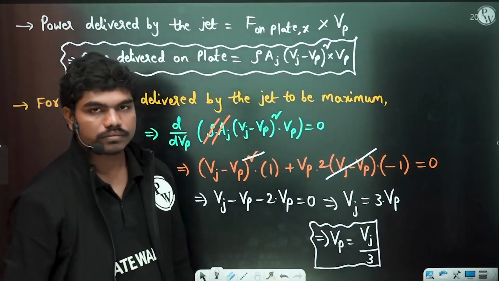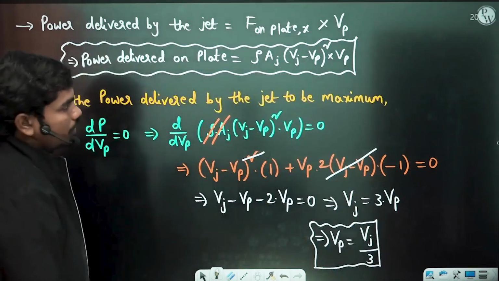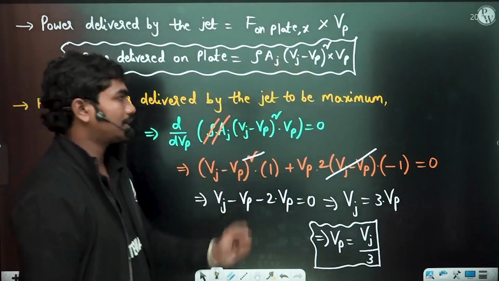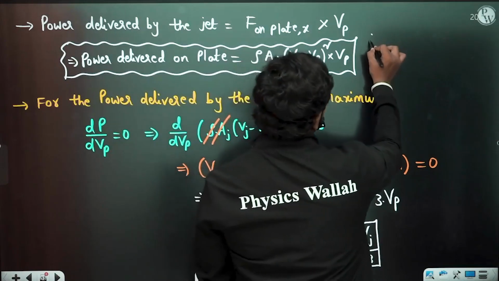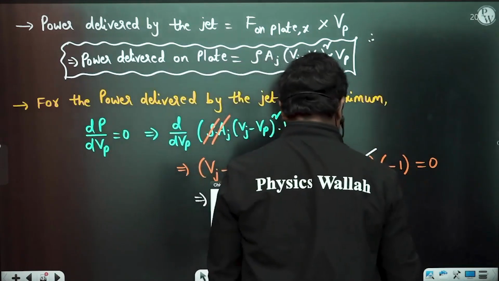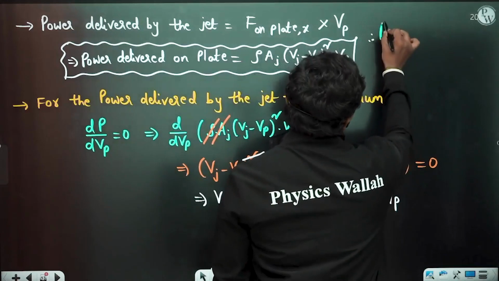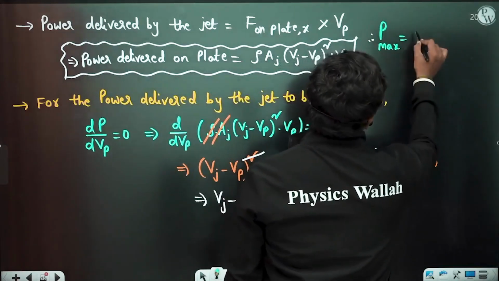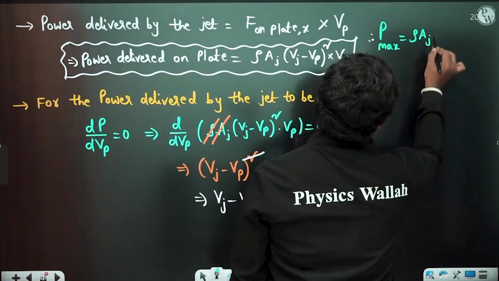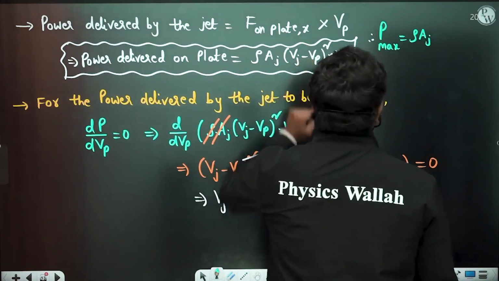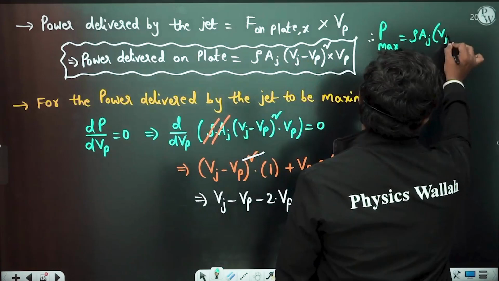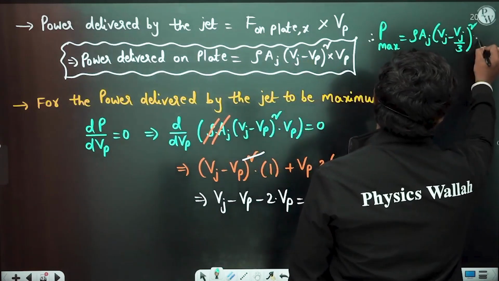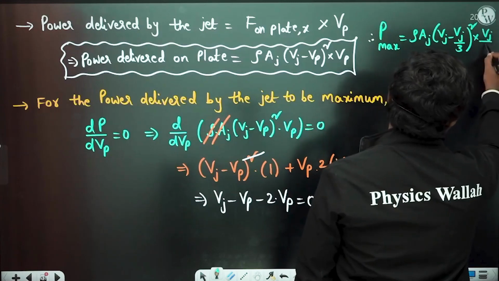Clear? So the power should be maximum in this case. If you replace this vp with vj by 3, you can get P max. So P max is equal to rho aj into vj (vj constant), into (vj minus vj by 3) whole square, into vj by 3, which is the velocity of the plate.